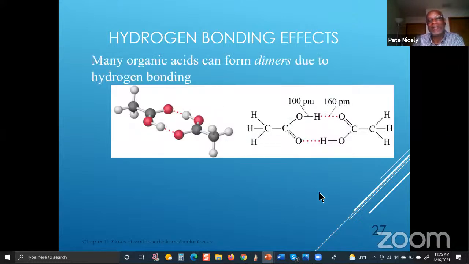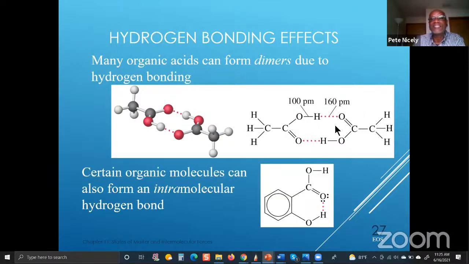Okay, another effect of hydrogen bonding is that you can have the formation of what are known as dimers. And this is particularly true in the case of organic acids, right? So what we see here is two acetic acid molecules that are linked to each other by hydrogen bonding. So this is one molecule of acetic acid here. This is another molecule of acetic acid here.